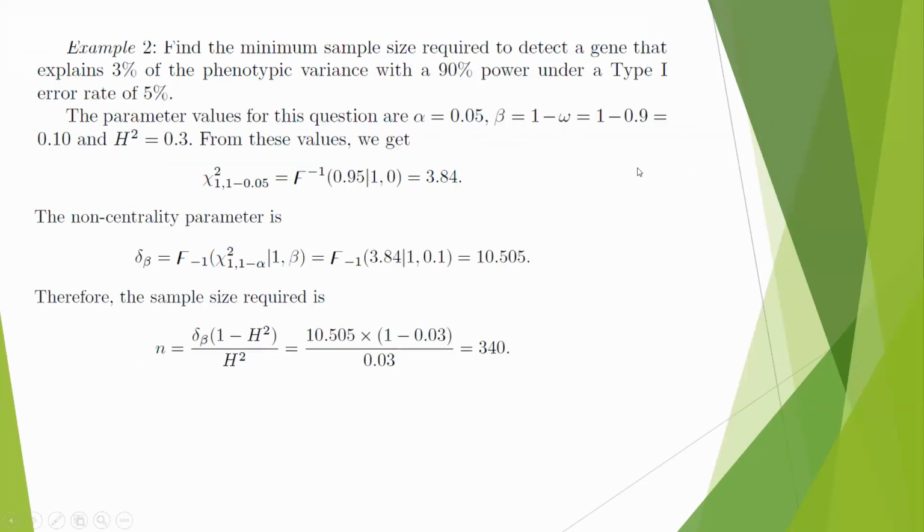I think this is another example here. They're very similar. So the second example is a very typical question that in the future you're going to ask yourself if you want to do your own experiment, or if you want to help your lab member calculate the required sample size.